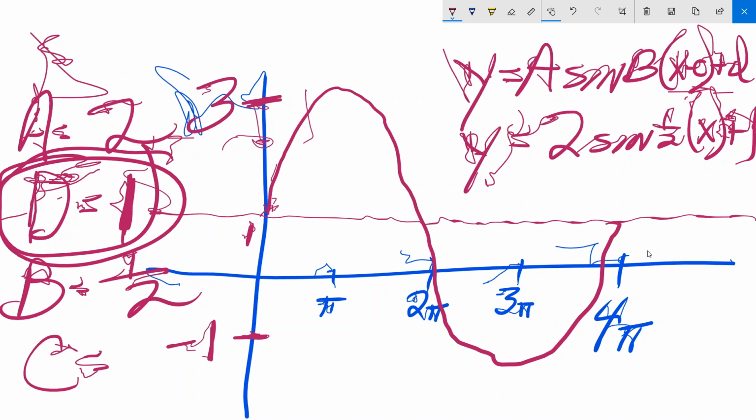Now, let's say the question is, I don't want the sine function, I want the cosine function. Now, what's A if I'm talking cosine function? Still 2.